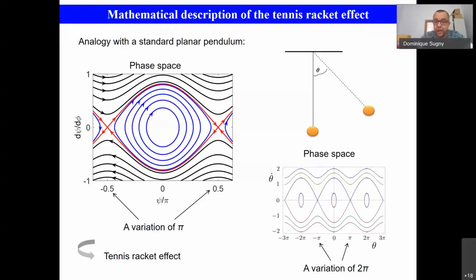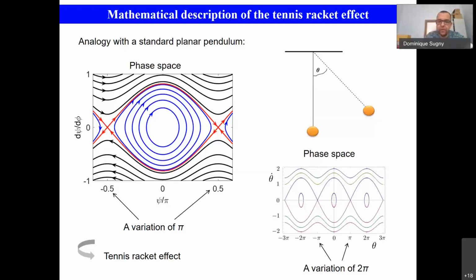And this variation of pi is not a detail at all, it is at the origin, finally, of the tennis racket effect. So this very small difference between a planar pendulum and a rigid body finally explains qualitatively the tennis racket effect.